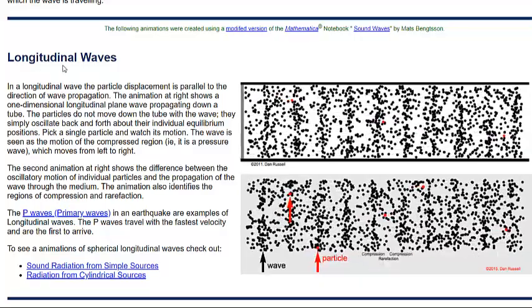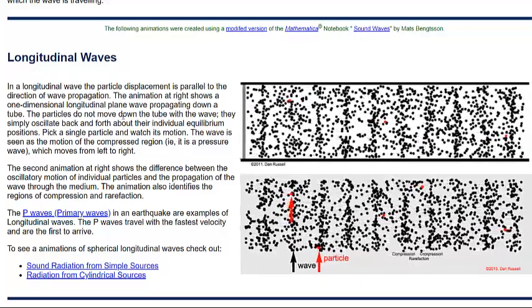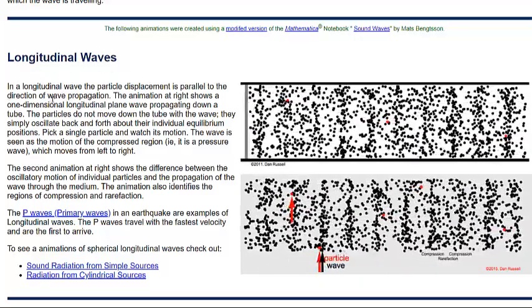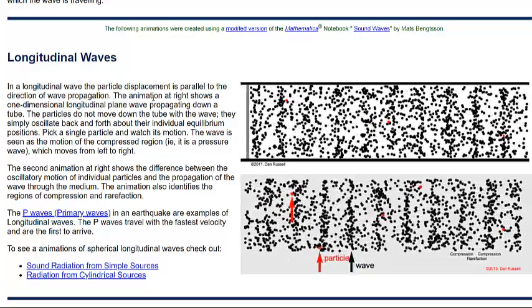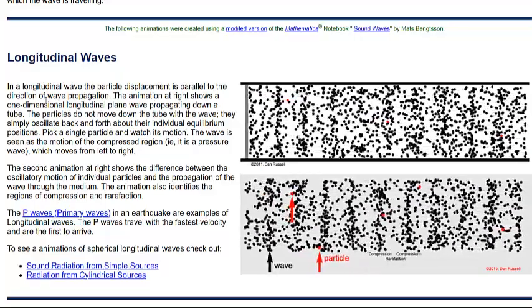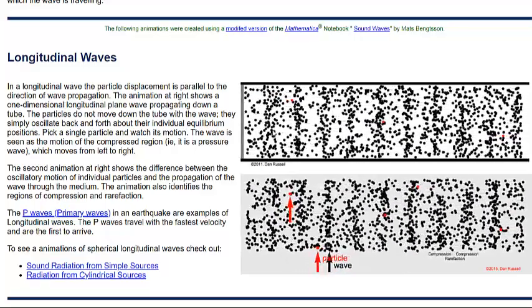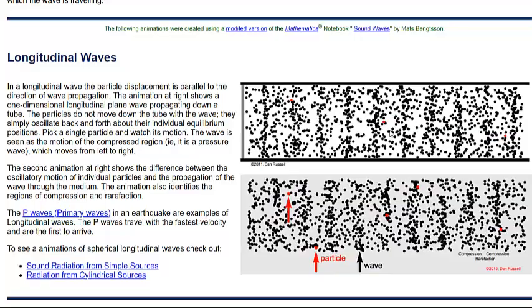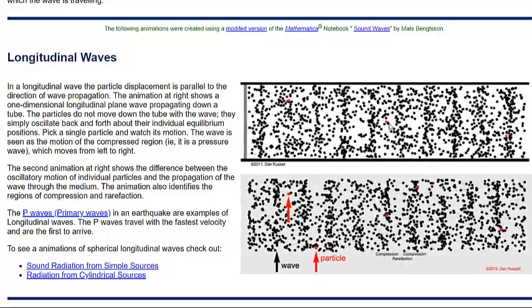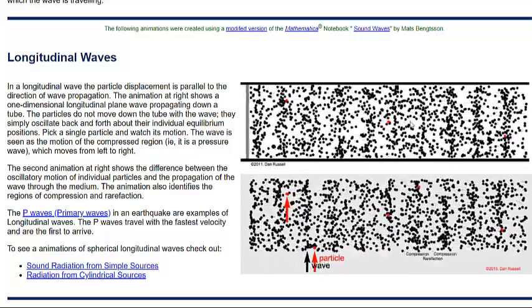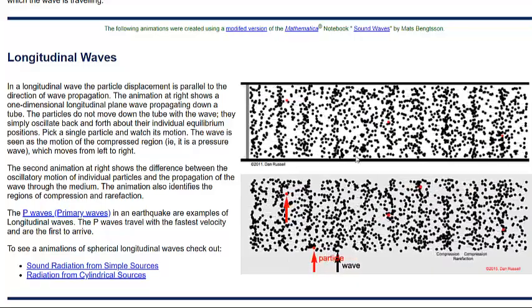So here we have longitudinal waves. So here's what they say about longitudinal waves. In a longitudinal wave, the particle displacement is parallel to the direction of wave propagation. So in this picture here, the wave is propagating from left to right, but the molecules are moving back and forth.